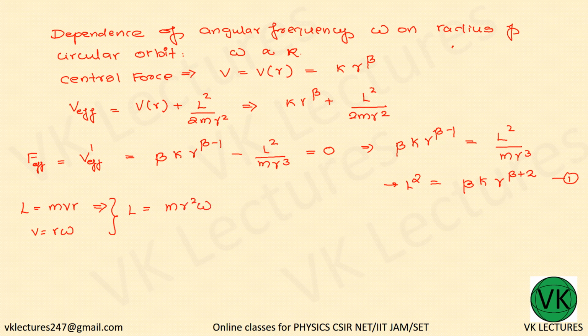This is because we need to remove v and write it in terms of omega. So L square is equal to m square r to the power 4 omega squared.